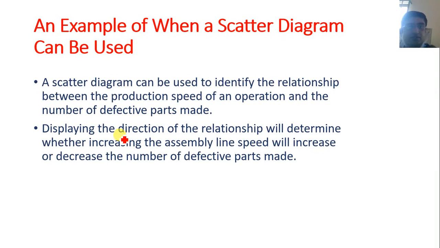It also displays the direction of the relationship, either positive, or there will be no relationship, and will determine whether increasing the assembly line speed will increase or decrease the number of defective parts made, with the help of these scatter diagrams.